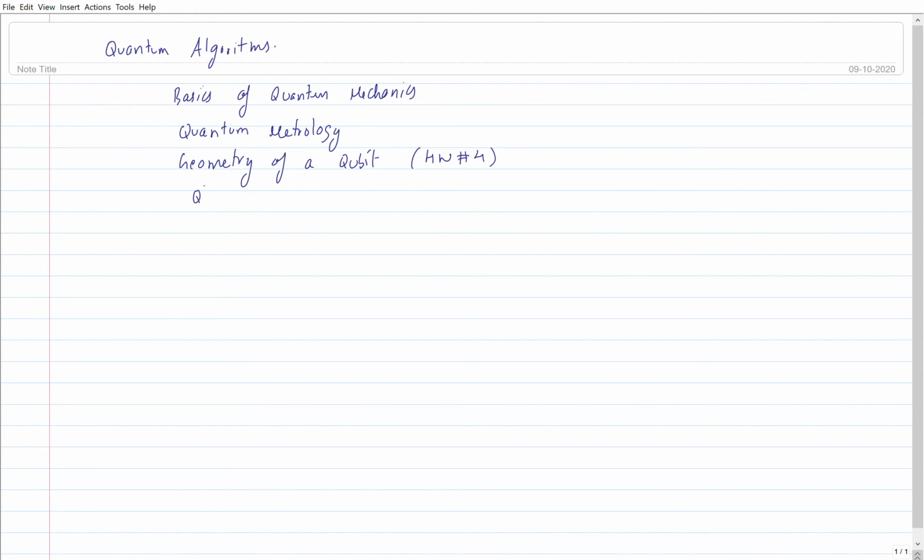We covered the quantum circuit model and circuit identities. Now we are coming to quantum algorithms, which would be part of the quantum computation.